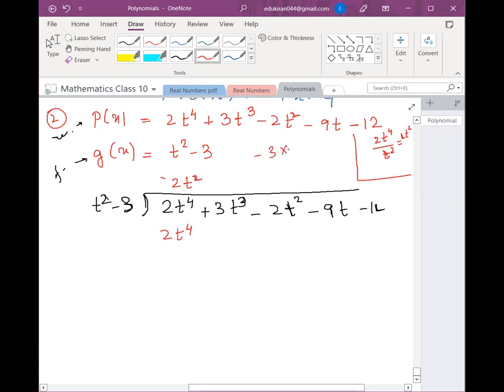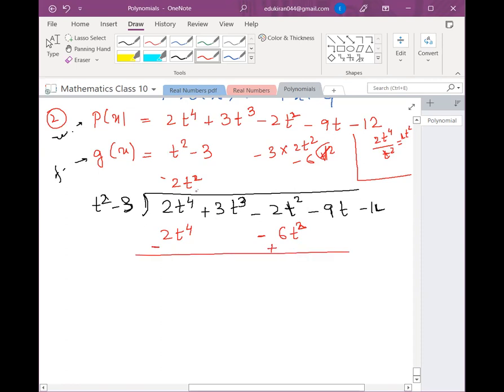Minus 3 into 2t square, what will you get? Minus 6t square. I mean, you will get a t square term, not the cube term. So you will write this minus 6t square here. Clear? Now change the sign because you are subtracting. So this will become minus and this will become plus.